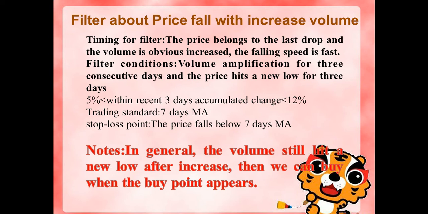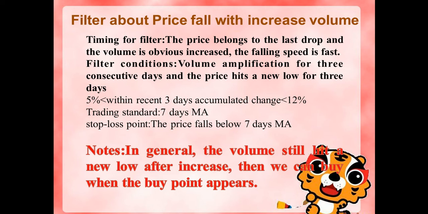Timing for the filter: the price belongs to the last drop and the volume is obviously increased. The falling speed is fast. So maybe like this, the price sharply dropped, okay? Then the volume obviously increased. Why did the volume increase? Because some people bought this stock at this price, right? The falling speed is so fast.